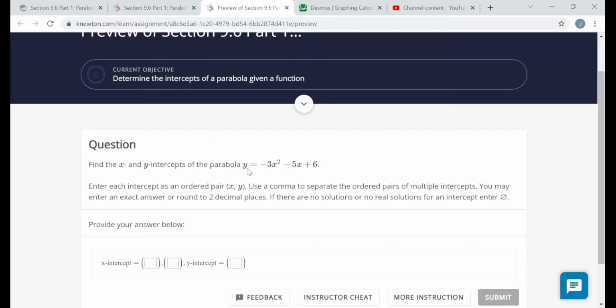All right, so I'm going to write out this function here, and then we'll try to find the intercepts, the x and y intercepts of this graph, if it has any. Because if the parabola is all above the x-axis, then there's no x-intercept. If it's all below the x-axis, then there's no x-intercept. So just be careful.